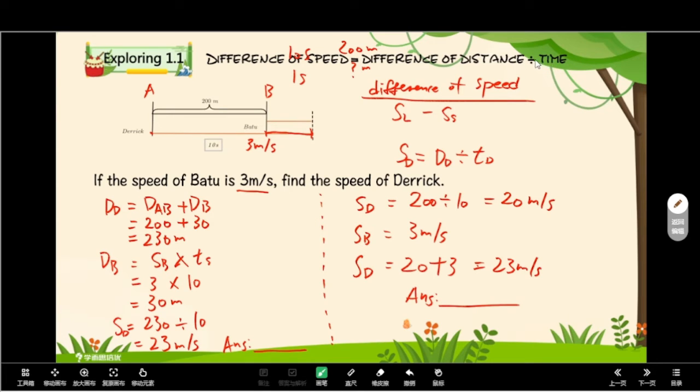And actually, you can use the knowledge that you have learned very freely, such as in this question, if we can find out the difference of speed and find out either one of the larger speed or the smaller speed, we can find out the speed of Derek because the speed of Derek is the larger speed. So that means although you have known all the formulas that I have provided to you, you can use them freely on your own.